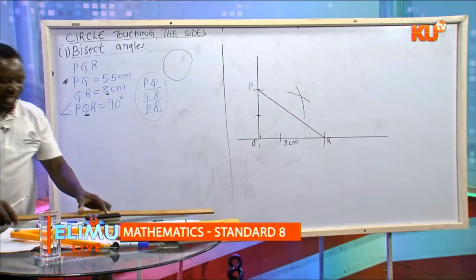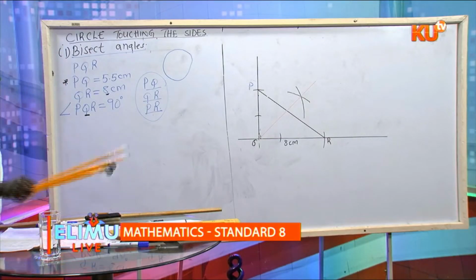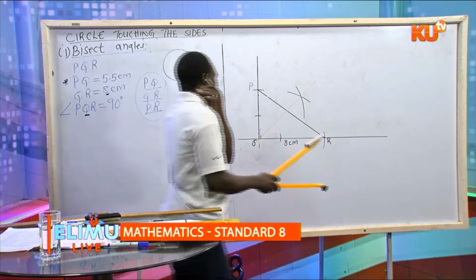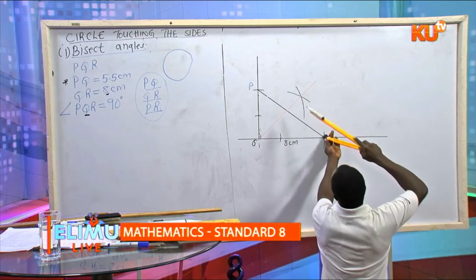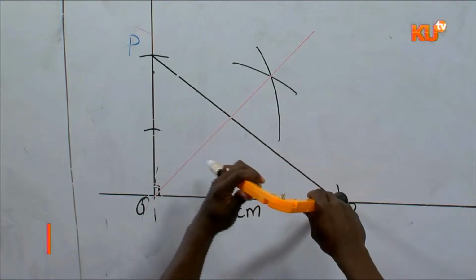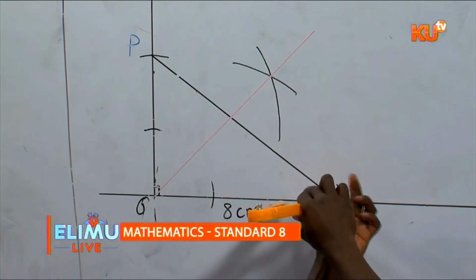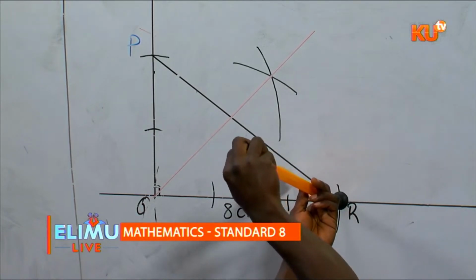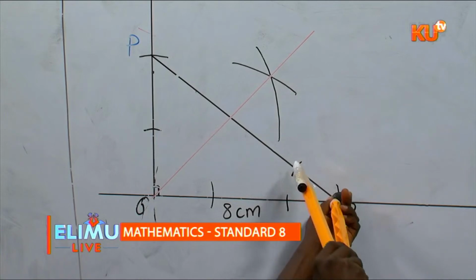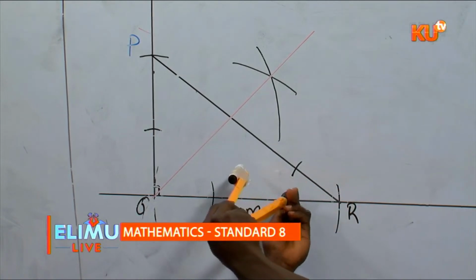Then I take my compass again. I come to R. Less than a half. Then I cut there and there. Then I take it there.